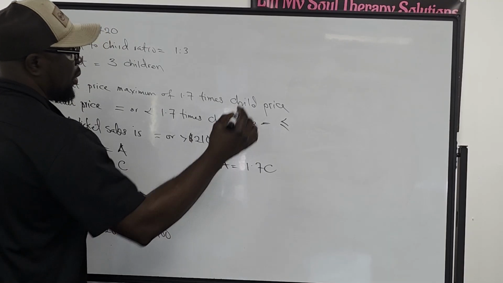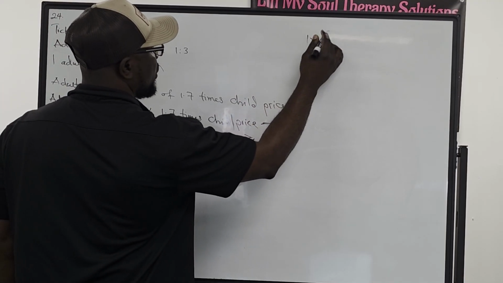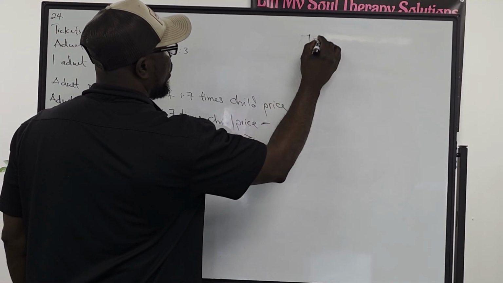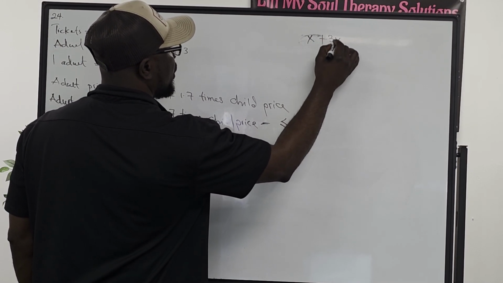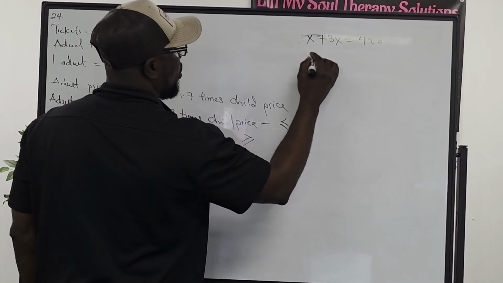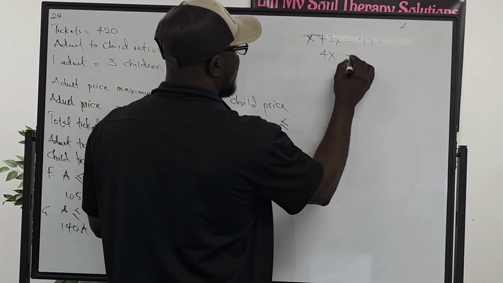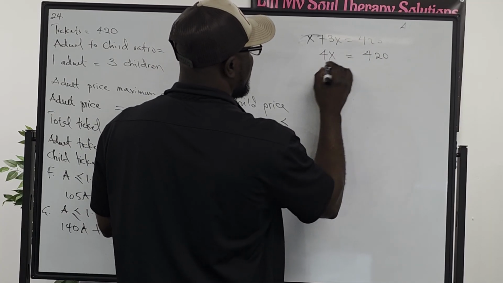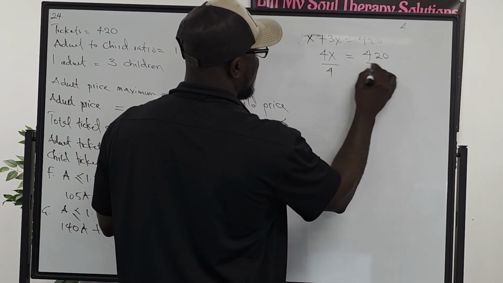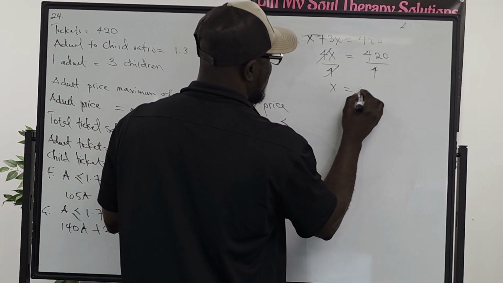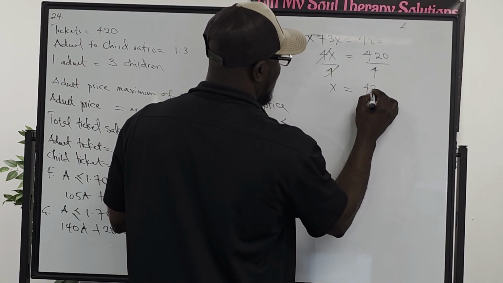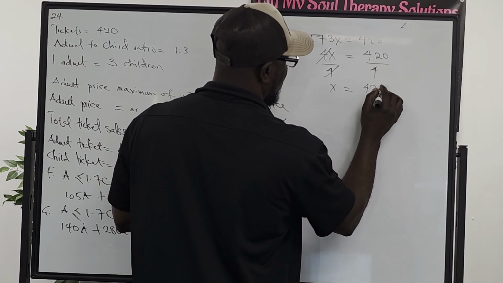So we can say x plus 3x is equal to 420, right? So we know that x equals 420 divided by 4.